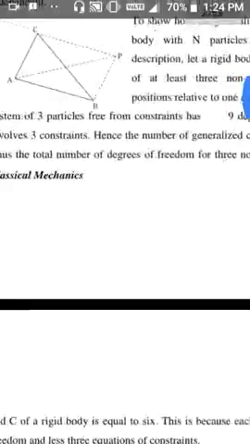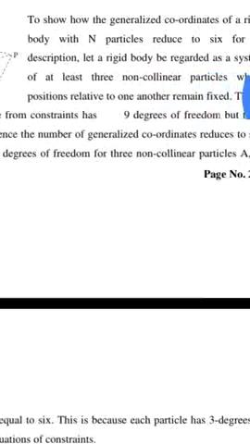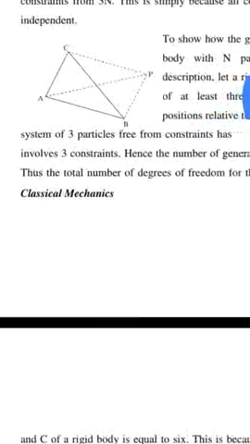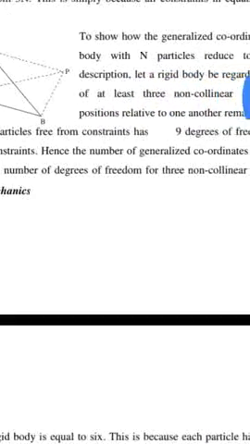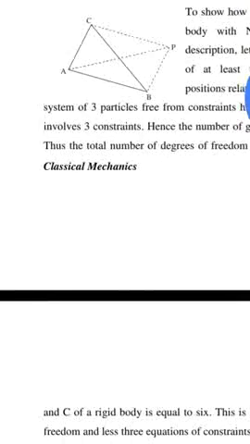Thus, a system of 3 particles free from constraint has 9 degrees of freedom, but there are 3 constraints. Hence, the number of generalized coordinates reduces to 6.